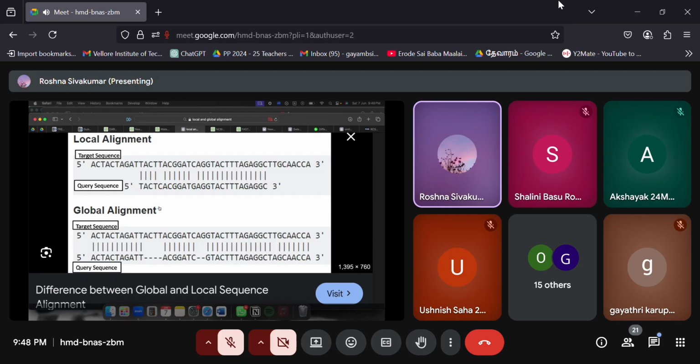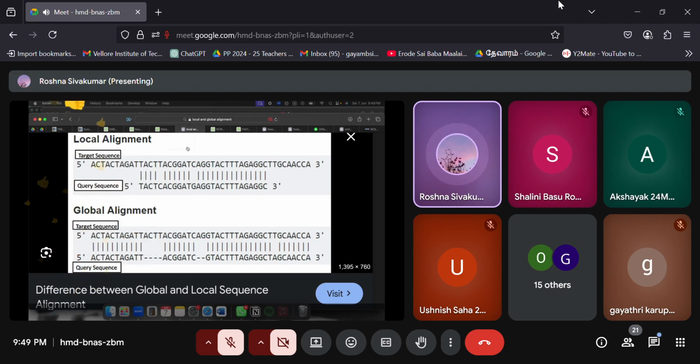When you look at the sequence, you say these two bases are identical because T and T are identical. But if it's similar, it means the two have shared characteristics but are not identical. Okay, did you guys get that? All right. Okay, so that is local.